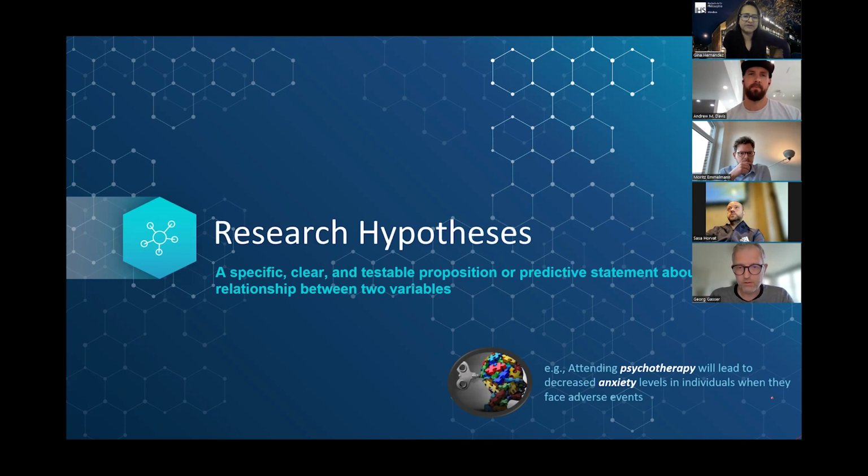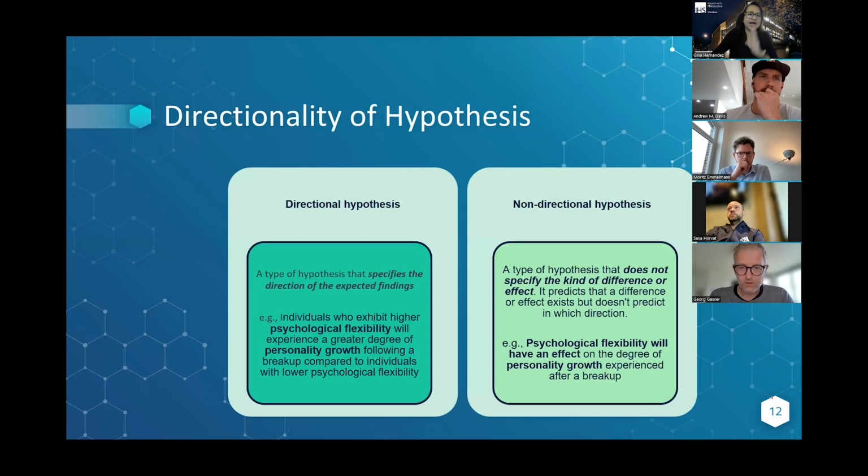We can have this kind of hypothesis. And we can have a directional hypothesis or a non-directional hypothesis. This is another important distinction for you to make. When we have a directional hypothesis, it means that we are being specific regarding the direction that we are expecting the findings to be. Okay?